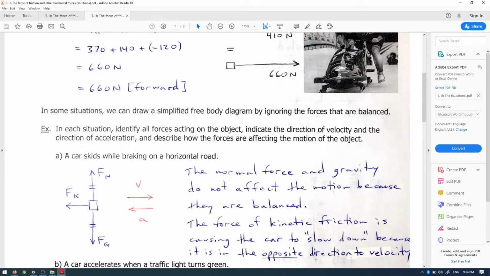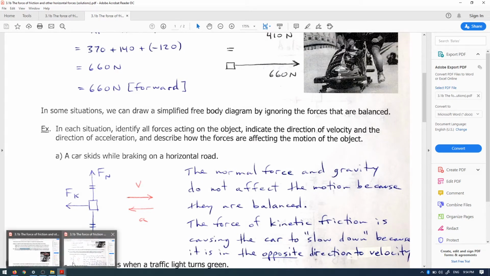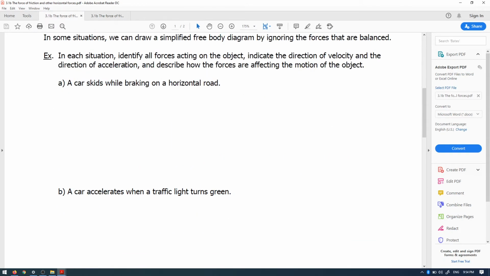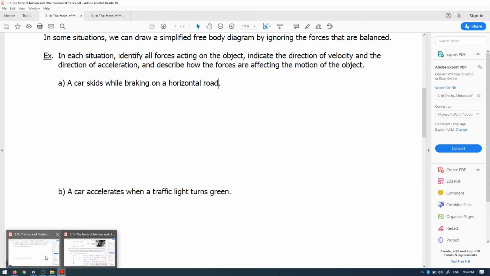Now I'm going to show you two scenarios. I could have these two scenarios where a car is the object and it skids while braking on a horizontal road. So you have to ask yourself what forces are applied to this car.